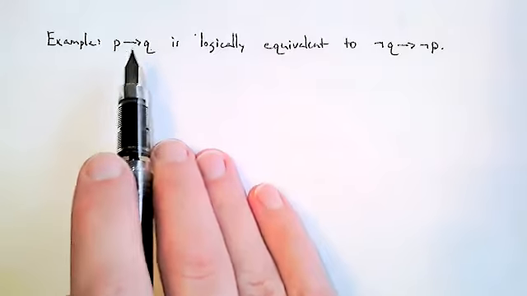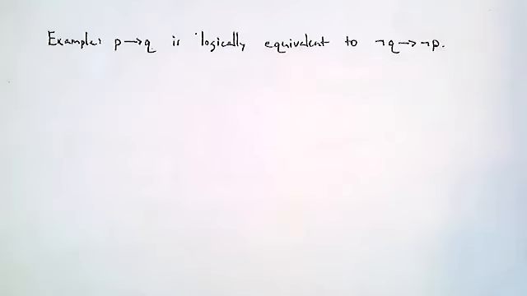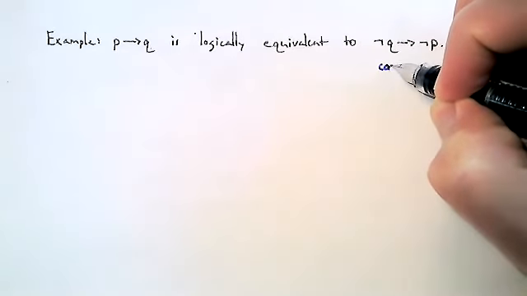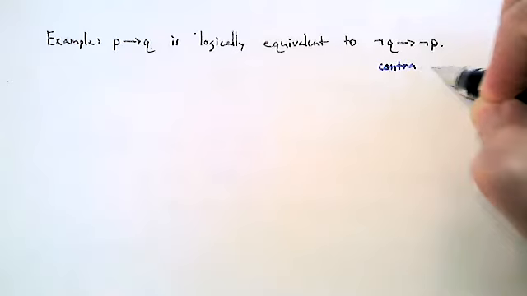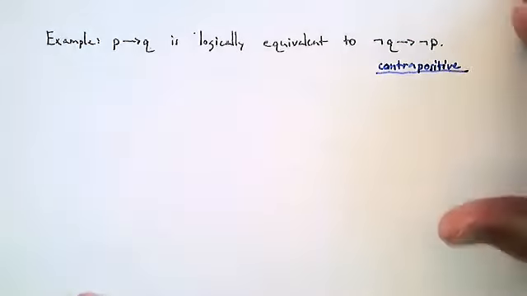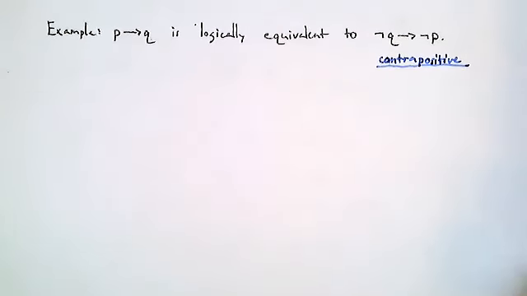And if we start here and change it to that, this is called the contrapositive. This is another important kind of proposition that we'll see again and again.